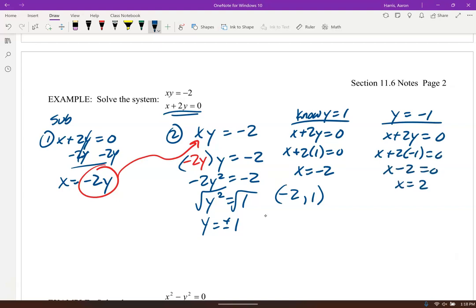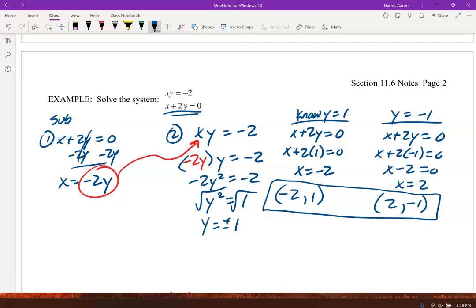Add 2 to both sides, so when x is 2, y is negative 1. Similarly, you could have used xy equals negative 2 and you'd have got the same x values there. So let's take a look at this graph. We have negative 2, 1, and 2, negative 1.